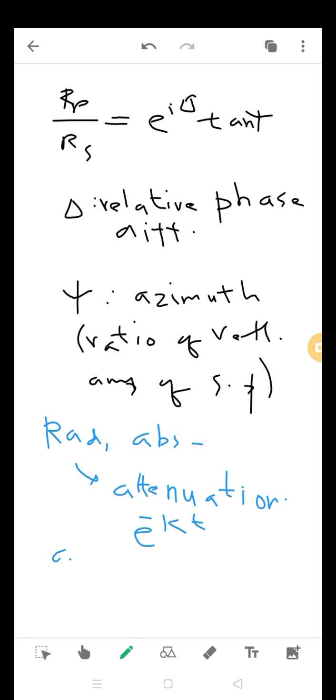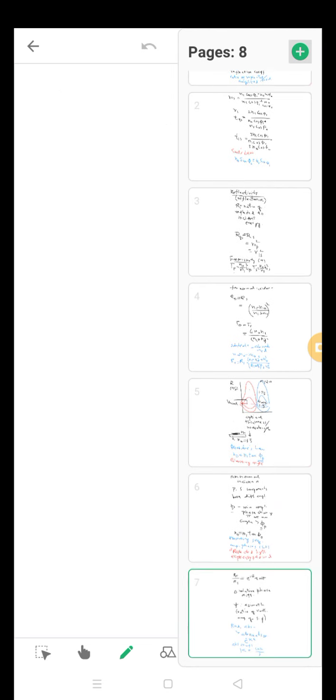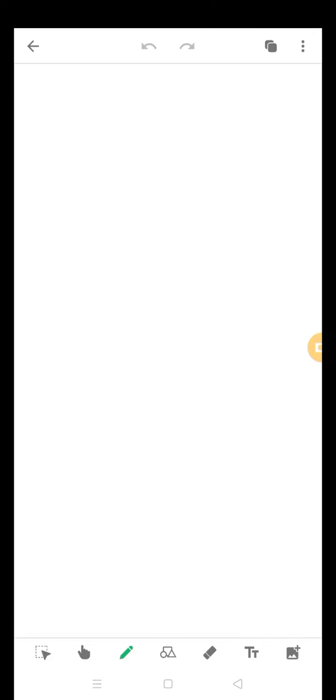And the absorption coefficient K is equal to 4 pi small k by lambda. Now this absorption is of fundamental interest because of its relationship to the dynamics of electrons and ions in the medium, influencing the electromagnetic radiation.